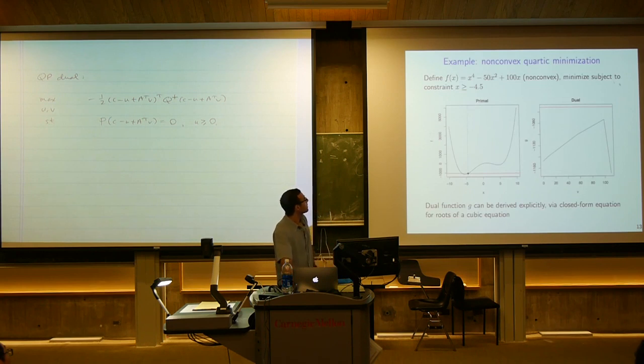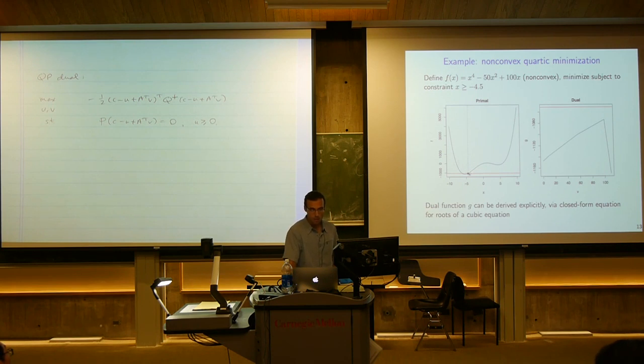So here's the example I chose. It's a non-convex quartic function. It's one-dimensional: x to the fourth minus 50x squared plus 100x. Let's suppose we want to minimize that subject to the constraint that x is larger or equal to minus 4.5. Here's what it looks like. This is the primal criterion.